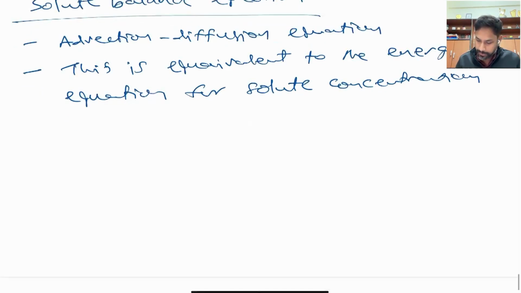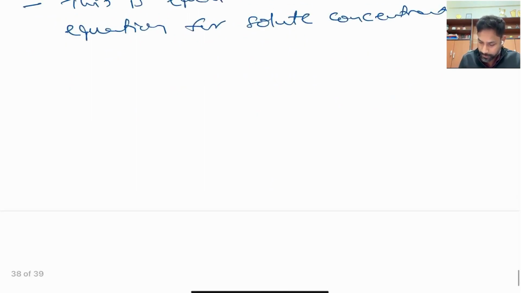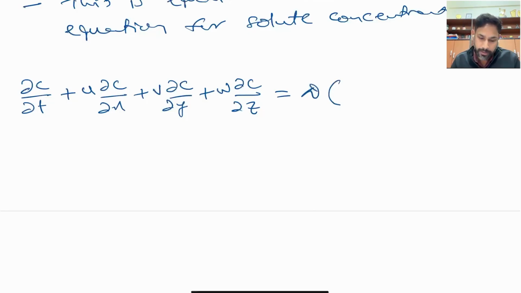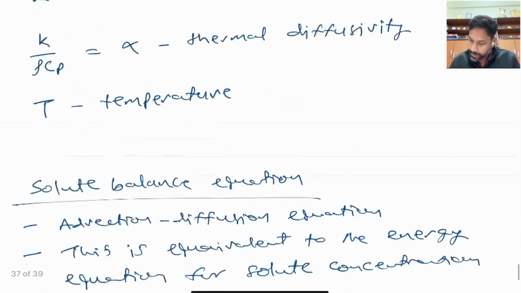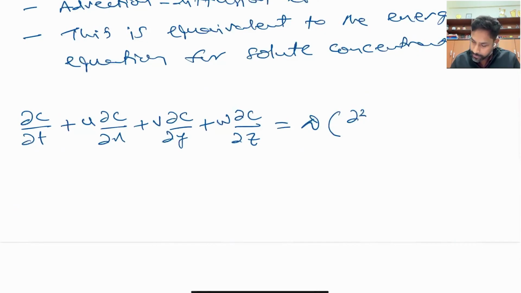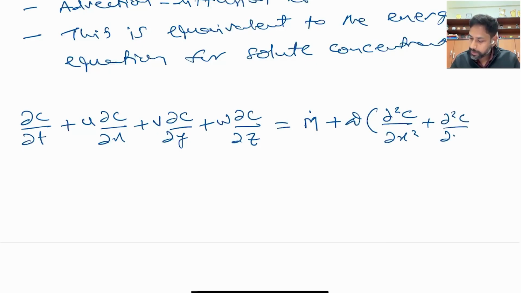And this equation is written as dc by dt plus u dc by dx plus v dc by dy plus w dc by dz is equal to, okay, so being consistent with the previous equation, we need to write the m dot term here first, plus D d square c by dx square, d square c by dy square, d square c by dz square.